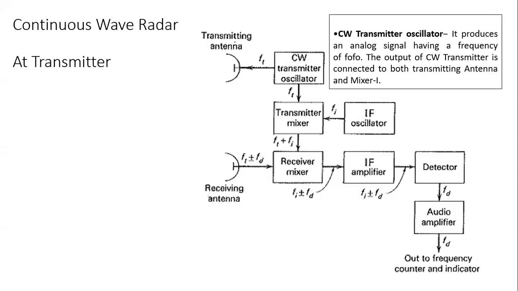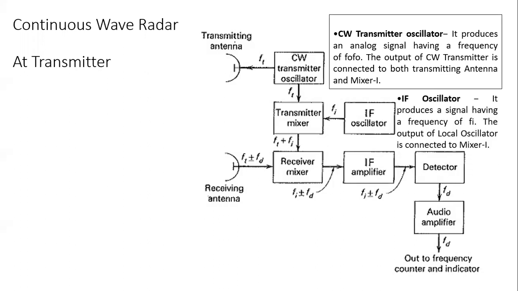Now here, again, one thing is fixed: whenever you want to transmit a signal, the strength of the signal should be very high, the power should be very high, the frequency should be very high. So for the continuous wave transmitter, we need an oscillator which produces an analog signal with a very high frequency. Then this output of the transmitter is connected to both your antenna and mixer 1. Here we have an IF oscillator, which produces a particular frequency, say Fi, just for the namesake.